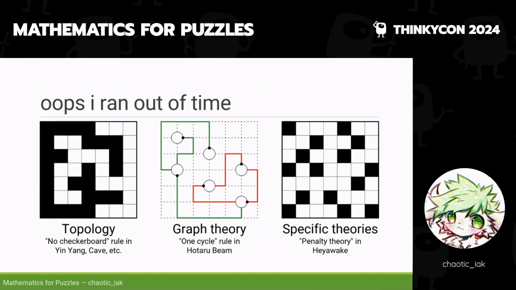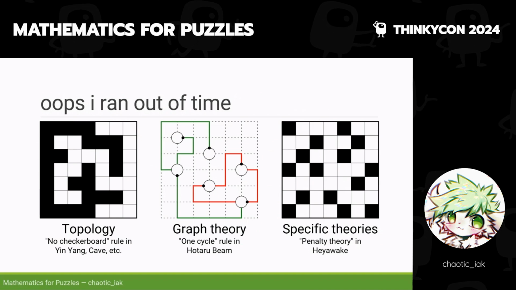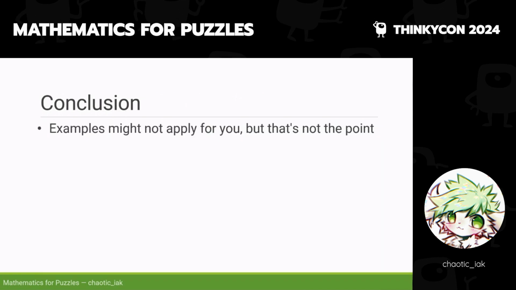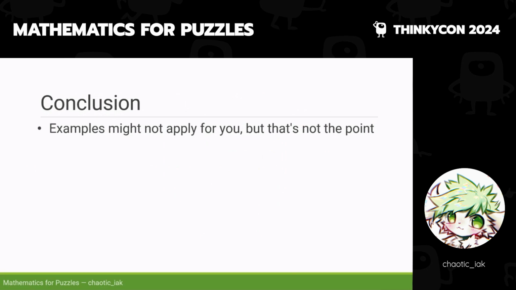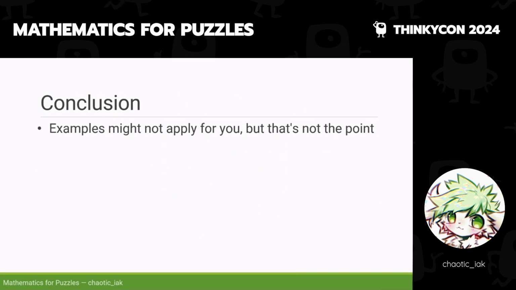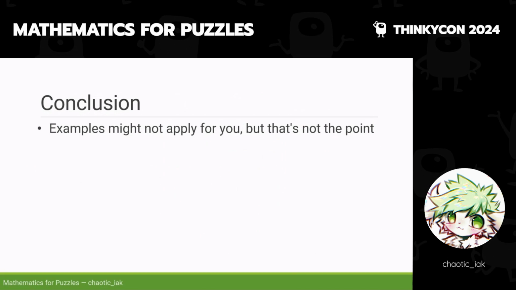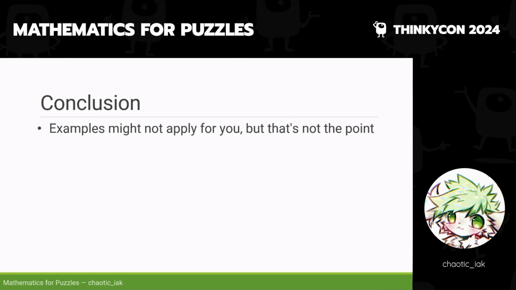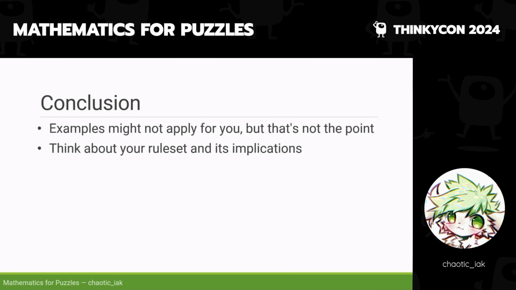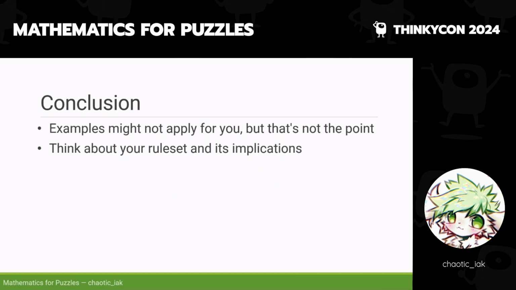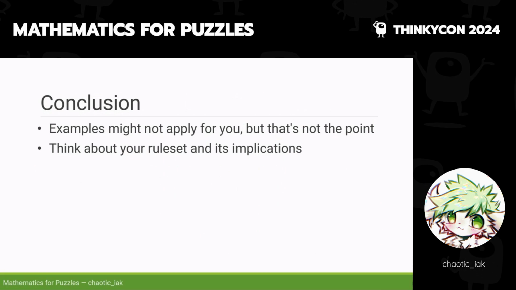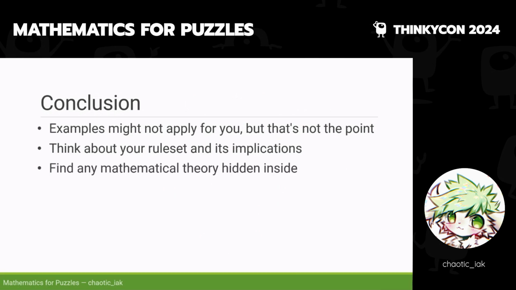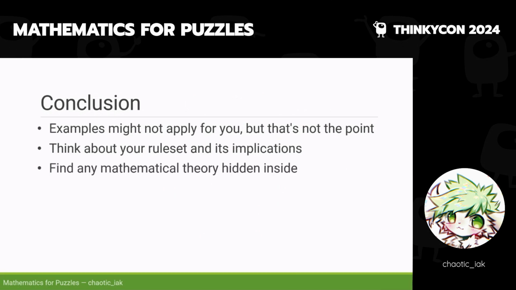I would have loved to talk even more about that, but well, I'm running out of time. It's okay. Once again, these examples are not meant to be used as is. The examples might not apply to you because your rule set is different. I just want to encourage you to think about your own rule set, figure out implications, dig deep, figure out if there's any kind of hidden theory inside.